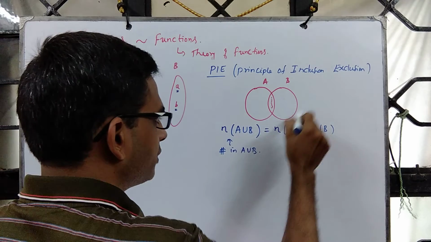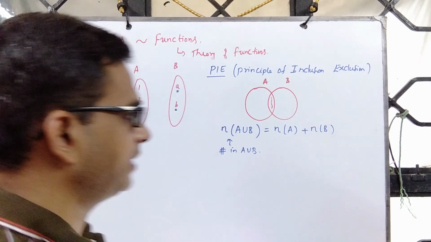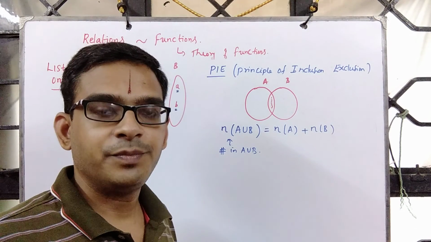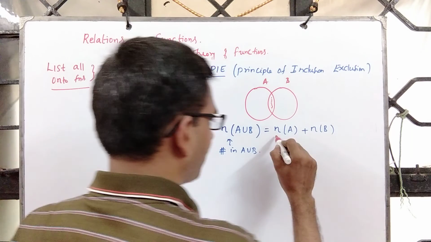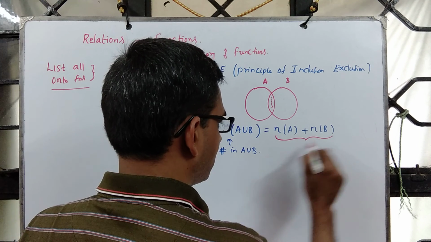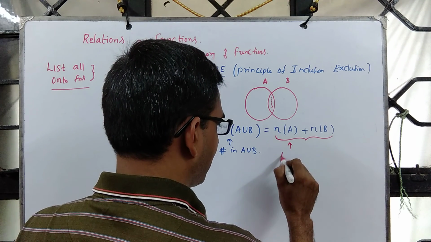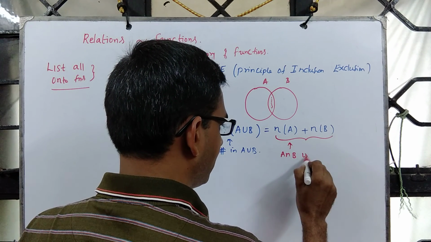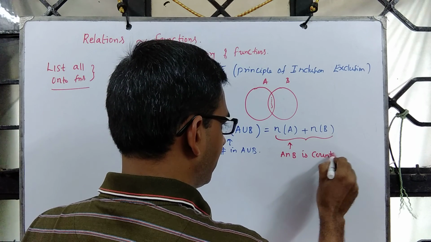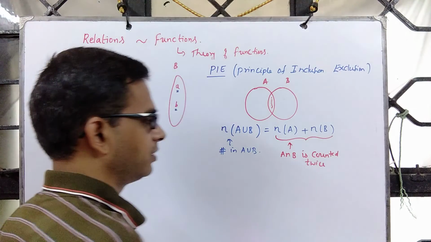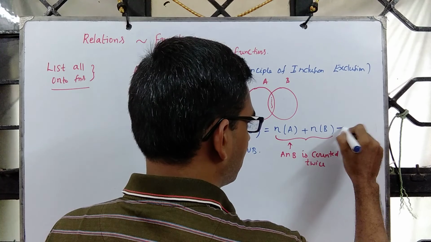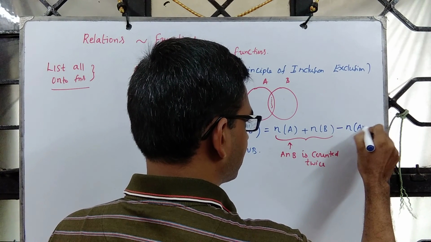When we count B also, the intersection is included, which means A intersection B is counted twice as part of our counting, but we should only count it once. So what we do, we subtract n of A intersection B.